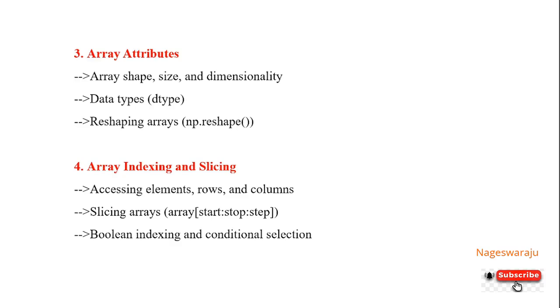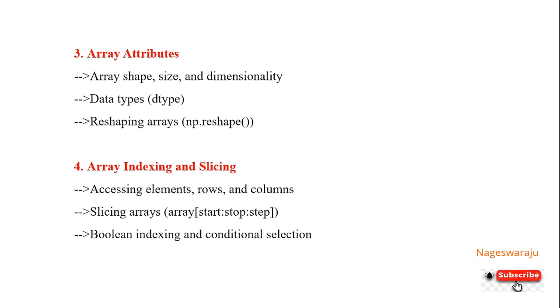Next one, array attributes. What are the attributes? An array has multiple attributes: shape, size, dimensionality. What is the use of shape? It tells us how many rows and columns there are. Next, size: how much size we have in that particular array.